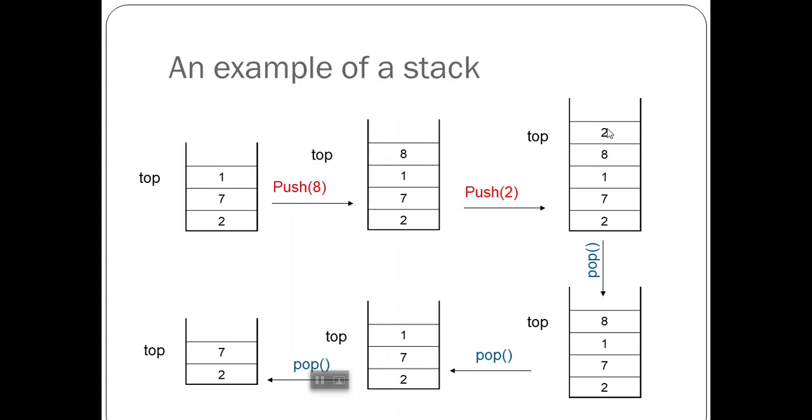The element which was inserted last, which is at the top position. The positions are 0, 1, 2, 3 and 4. So at the 4th position the element is 2. So 2 will be removed, and you see the top value after removing 2 has come down to 3.